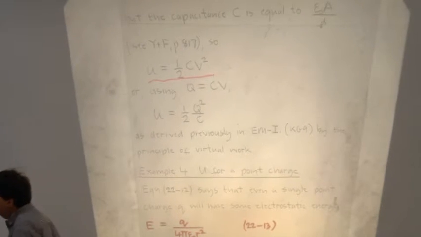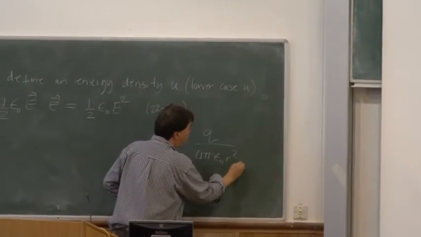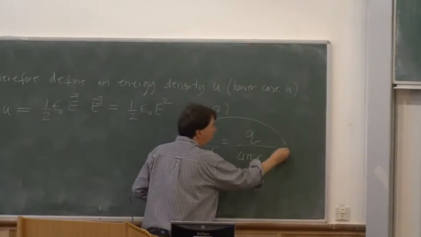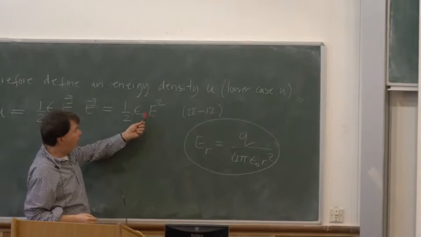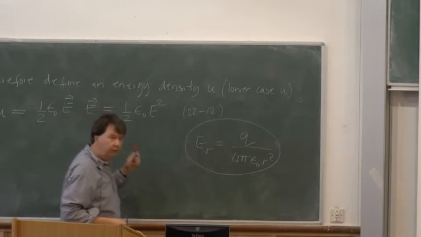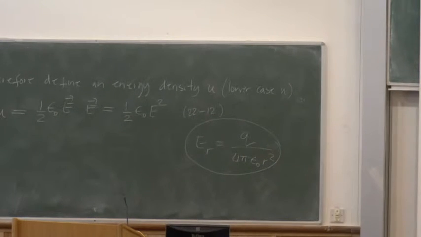Because a single charge, we know, if I've got a point charge Q, it produces a radial electric field of Q over 4 pi epsilon naught r squared. And I can certainly take E squared of this field and calculate the energy density of a point charge. So the total energy of a single point charge will be obtained by integrating that expression over all space.